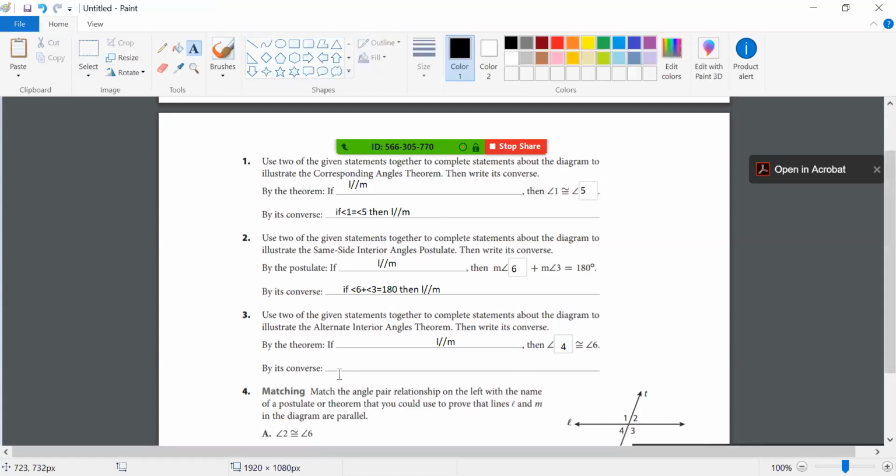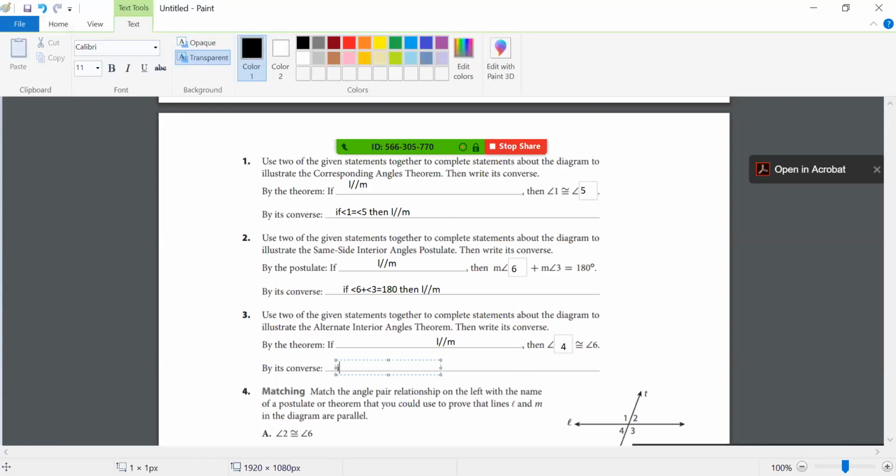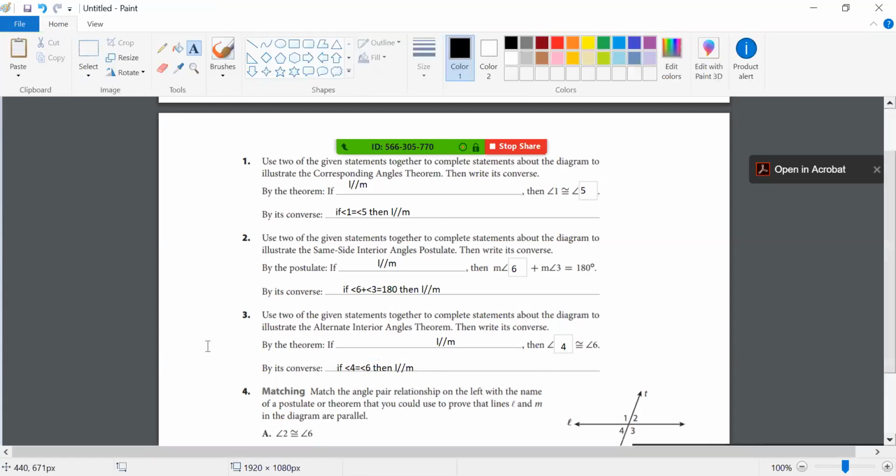And then for the converse: if angle 4 is congruent to angle 6, then L will be parallel to M. So this is how you can write a theorem and then how to write its converse.